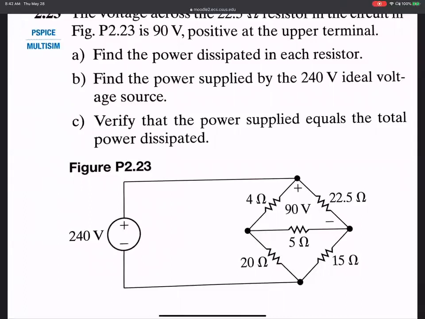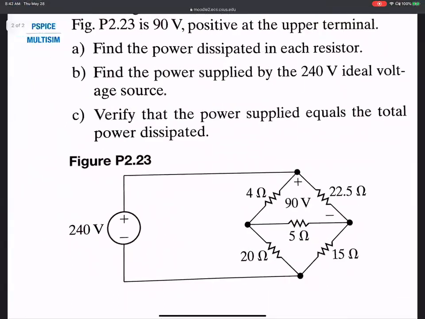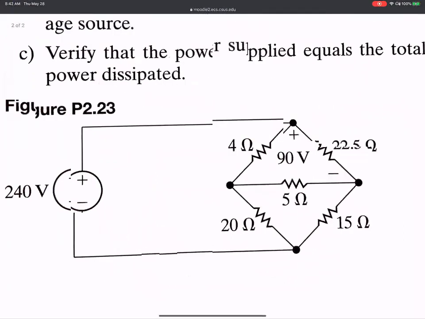So he's really asking us to solve for this because we have to find the current through each of these branches. Find the power supplied by the 240 volt ideal voltage source. And when we compare the power supplied by this source and the power dissipated in each of these resistances, they should add to the same value. Okay, so let's begin that.